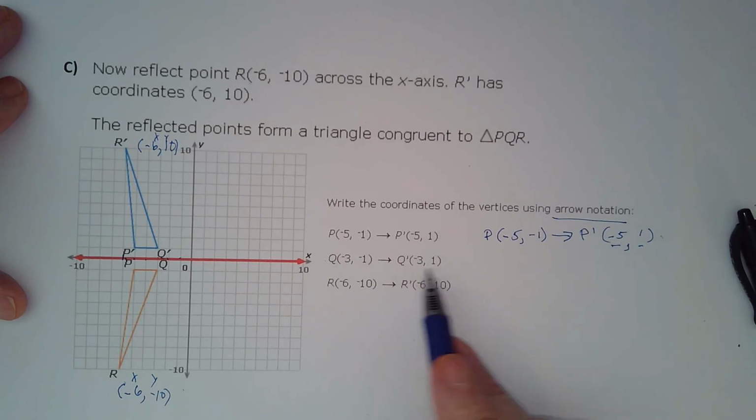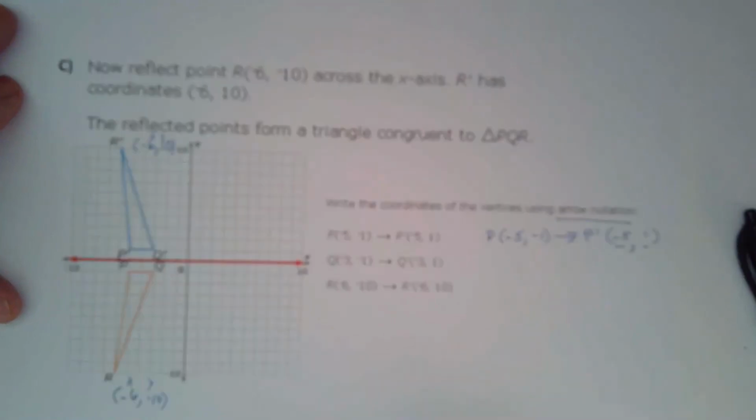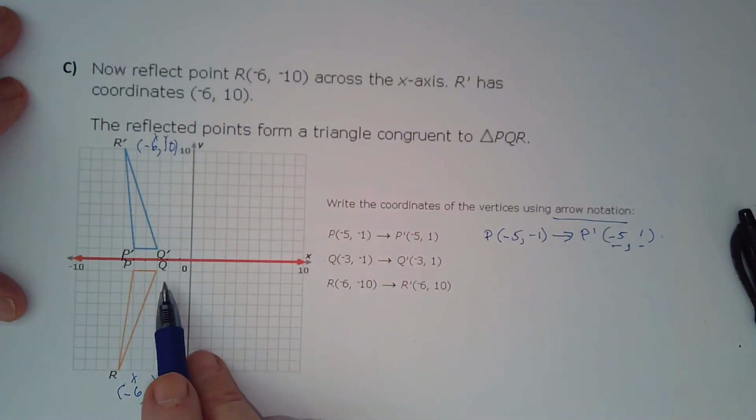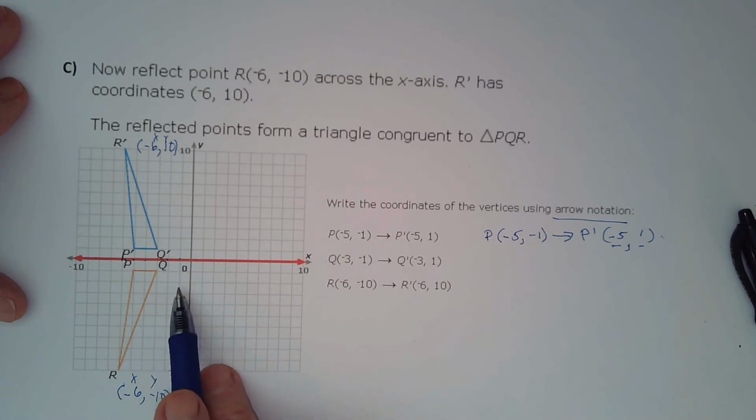Okay, so you've got to do that mental math there, or you need to go back and make sure you've got your coordinates showing for each of the points on the graph itself. Draw these graphs, okay? All right, so here's point Q. Point Q was originally at -3, -1.